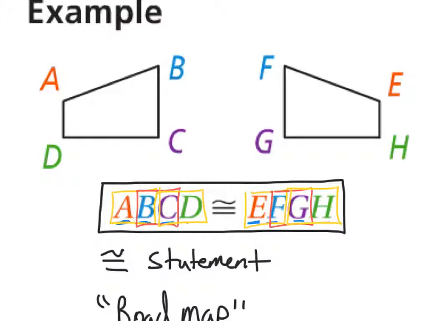Now, the last one you got to see here is that AD. Notice where they show up in the congruent statement. AD, line segment AD is congruent to line segment EH. Okay? But again, all the information we need is right there in that roadmap, in that congruence statement. Questions about congruent polygons, or questions about what that congruent statement tells us?